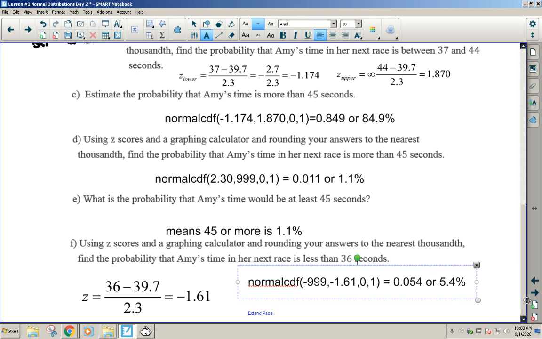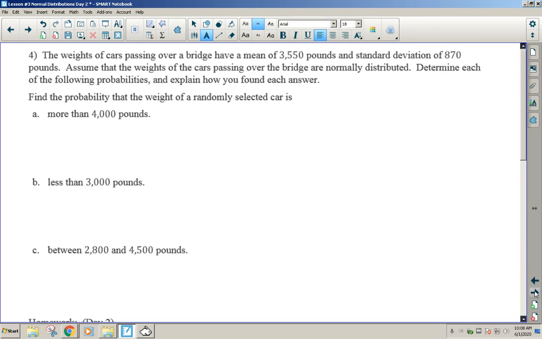Hopefully when you're checking your work, you're doing well. And the weights of cars going over a bridge, now this one's not telling you which way to go. So you could either use the z-score or the actual. So on my answer key, I'm going to do it both ways.